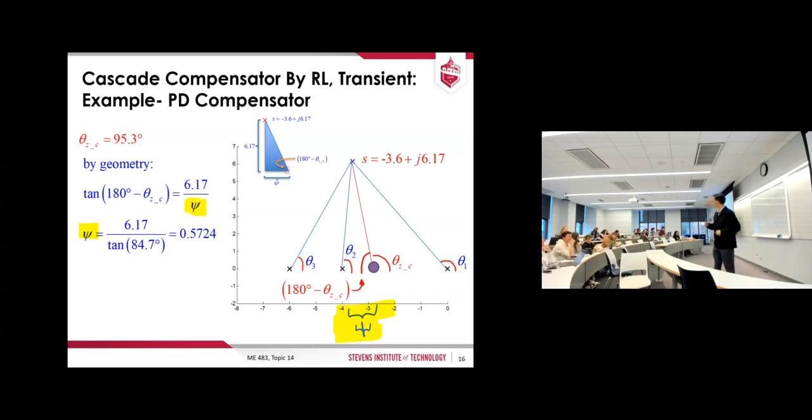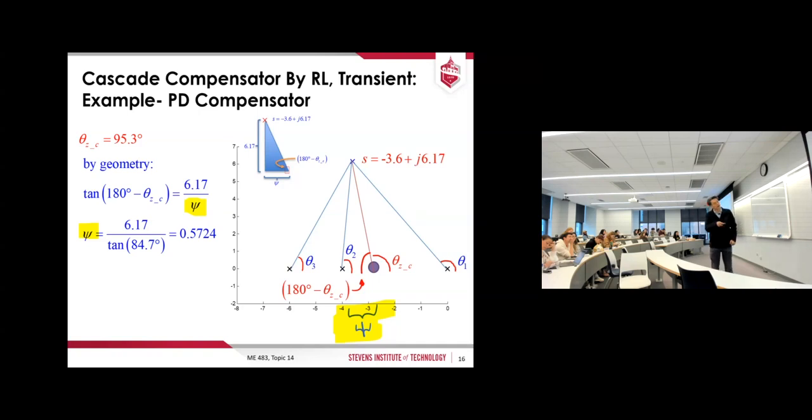So you follow me so far? Give me one clap. Once again, okay, someone here. By the geometry, from this triangle here, tangent of 180 minus theta.